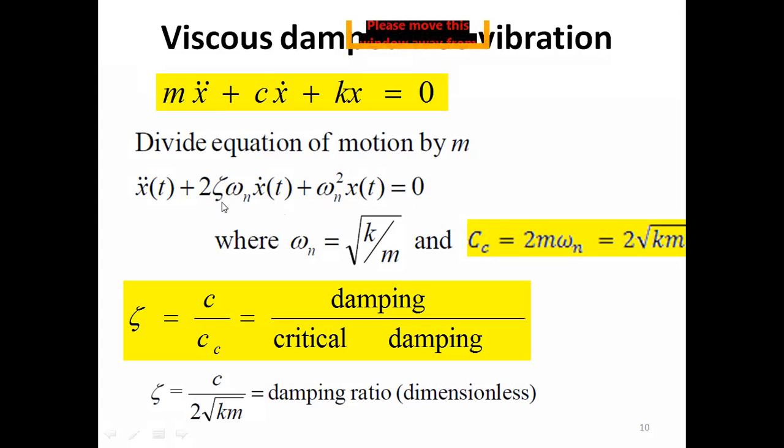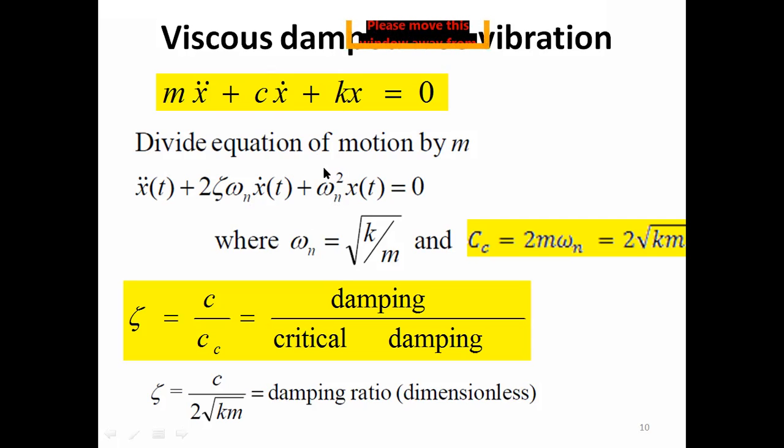Remember that once we have the equation of motion for the system, and we divide the whole equation, then the quantity you get here would be 2 zeta omega n, and the quantity that you have here would be omega n square.